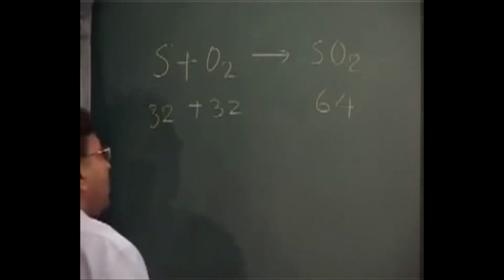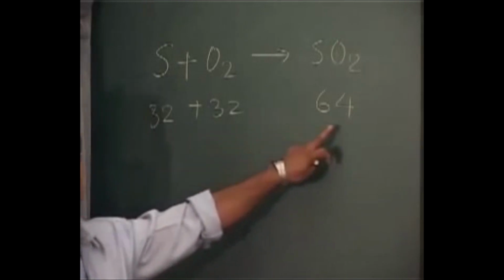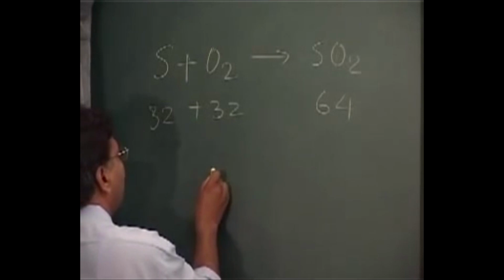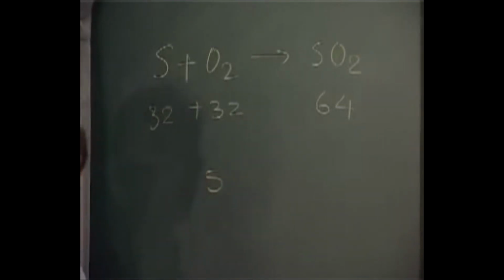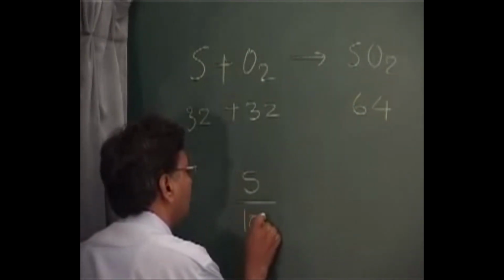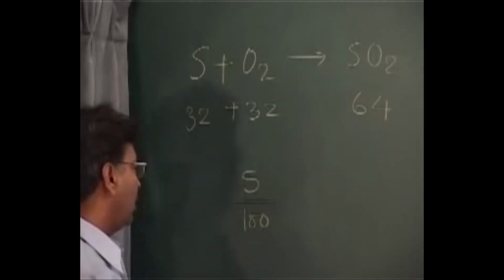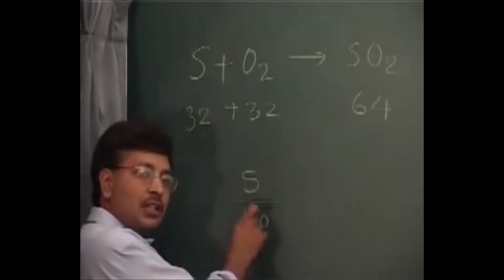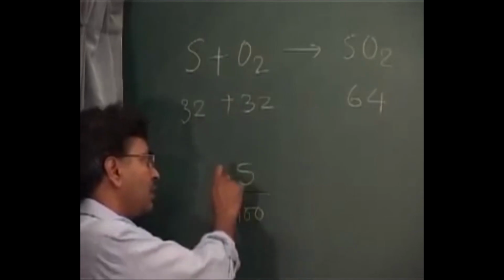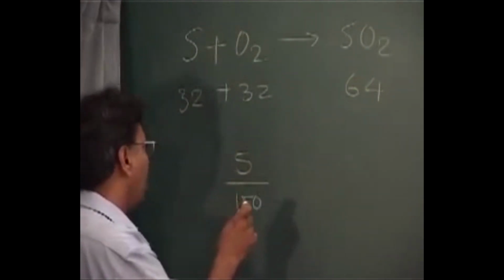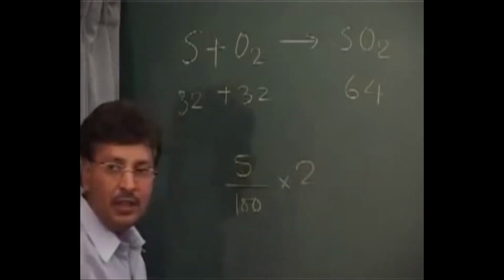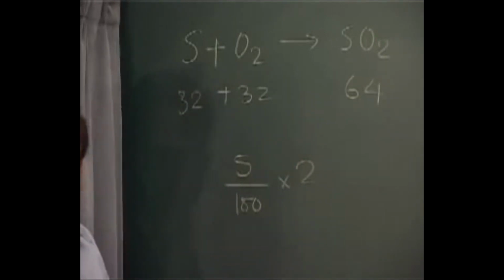So whatever the sulfur is, you get sulfur dioxide twice of that. So if the sulfur content in percentage is S, this is the sulfur fraction in the coal, and 2 times this will be the sulfur dioxide emitted.